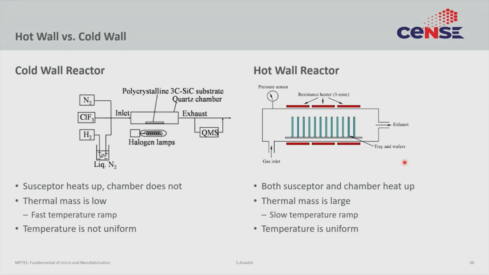So, temperature ramps are very slow. Often you cannot cool down a reactor faster than around 5 degrees C a minute or something on that order. The advantage of the hot wall reactor, however, is that the temperature is uniform. The advantage with the cold wall reactor is that the temperature can be changed very fast. So, it really depends on what type of growth you need. Do you need the ability to change the temperature, or do you need uniformity?